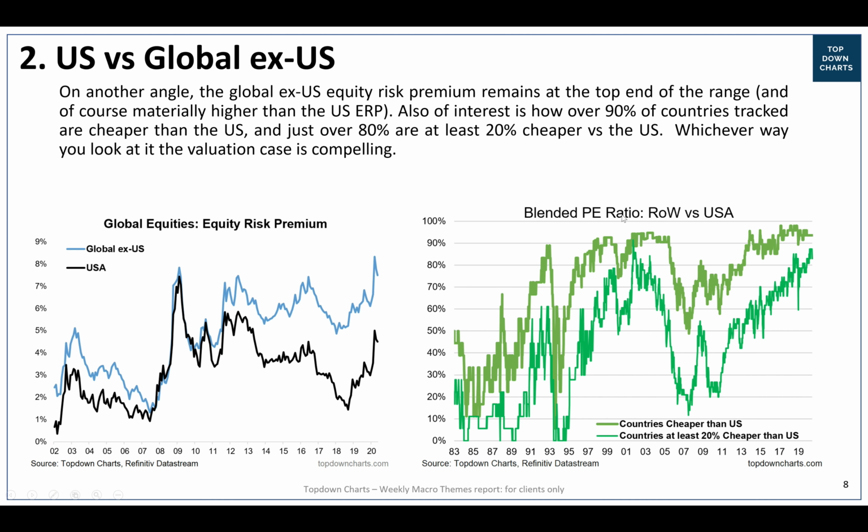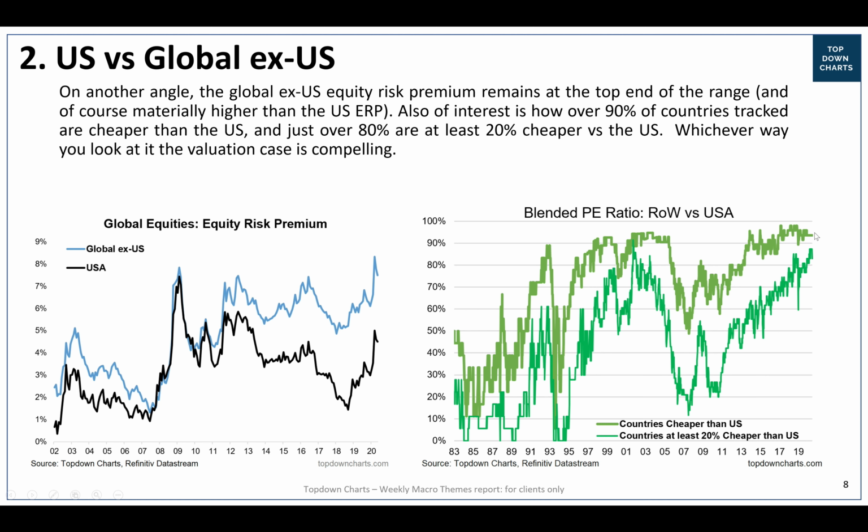Now on that blended PE ratio, just before we go into the equity risk premium, what I've done with this chart, which is quite a unique, interesting, cool chart, is to look at the breadth of PE ratios, or the breadth of valuations. Again that's across those 47 countries, and the lime green colour is asking how many countries are cheaper than the US, and you can see that it's almost 100%.